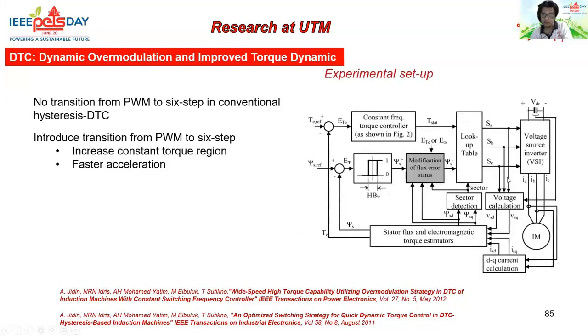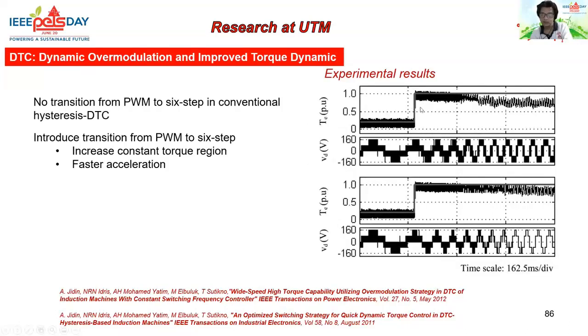This is the implementation. As I said earlier, you add that modification block to the output of the hysteresis controller in order to transition the pulse width modulation to a 6-step waveform. We use the constant switching frequency controller, which is shown here. This is the result without the smooth transition from PWM to the 6-step.